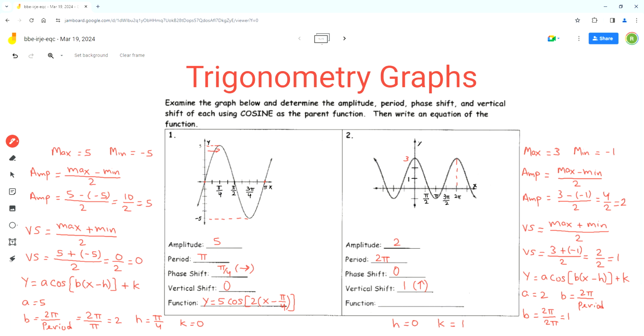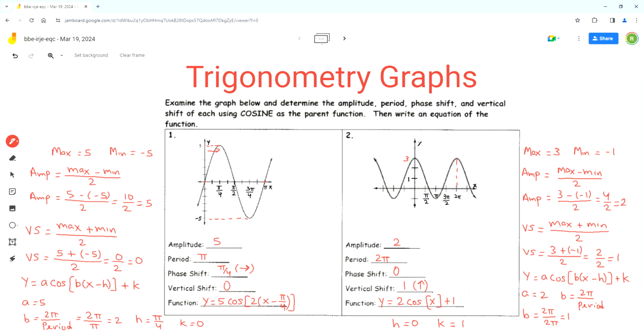So now we can write the equation for the function. The equation is y equals, the a value is 2, cosine, and then the b value is 1, so we don't have to write it. Then we just write x, and there is no h value, so we don't need to write the h, and then plus 1.